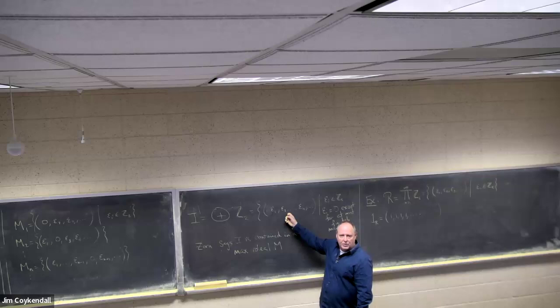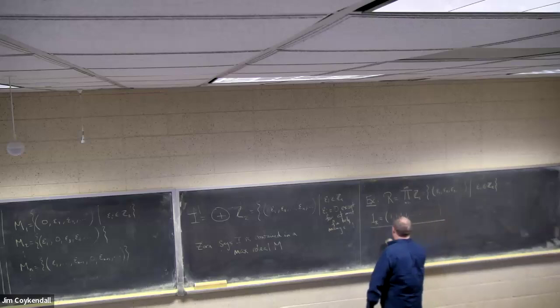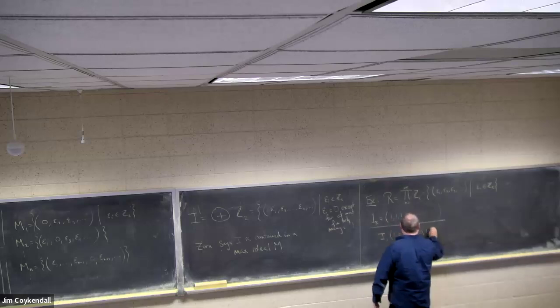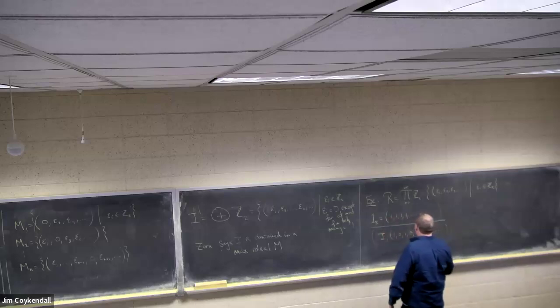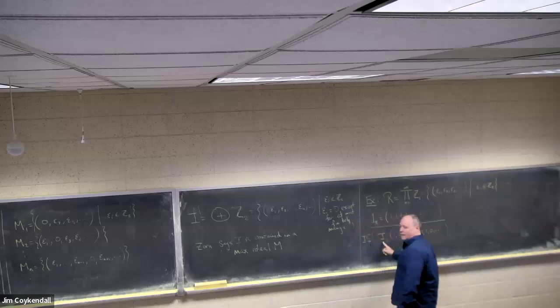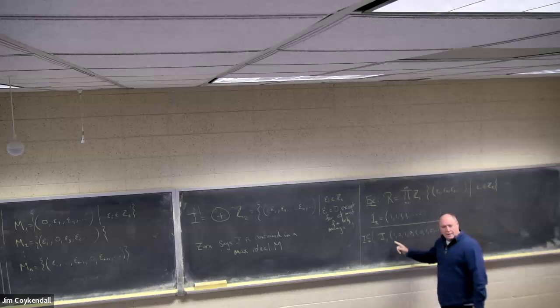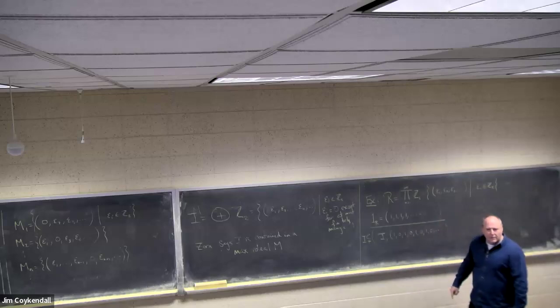And the answer is no. You can make this a little bit bigger. This is an ideal that properly contains I. It has everything that ends in an infinite string of zeros, and then I add this one more element, alternating zeros and ones.